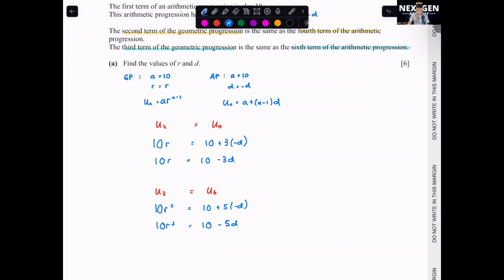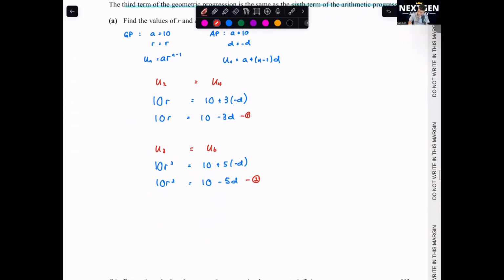Okay, let's see what we can get rid of. Let's try to do an elimination here. Let's get rid of the d. Okay, so I want to multiply this by 3. Multiply this by 5 and multiply this by 3. Okay, let's call this equation 1 and this one equation 2.